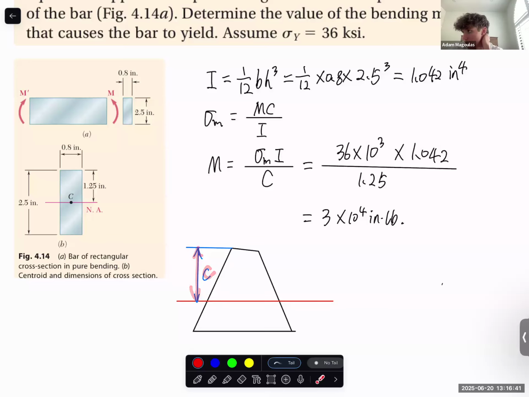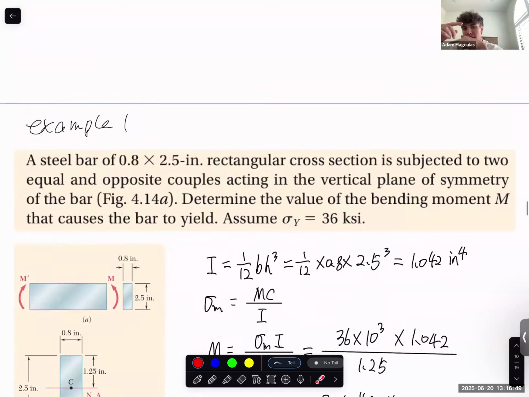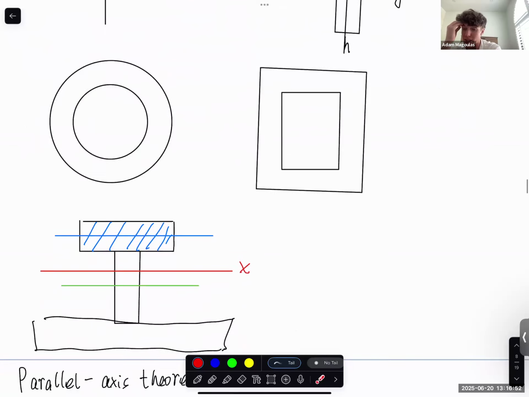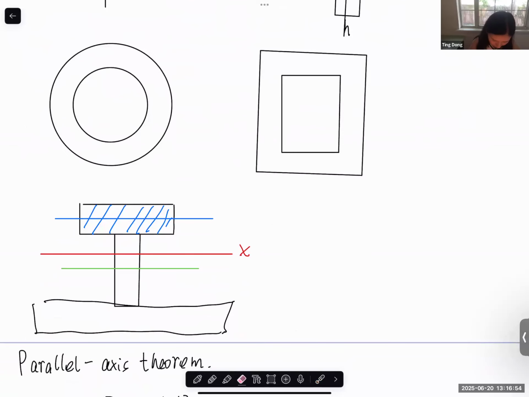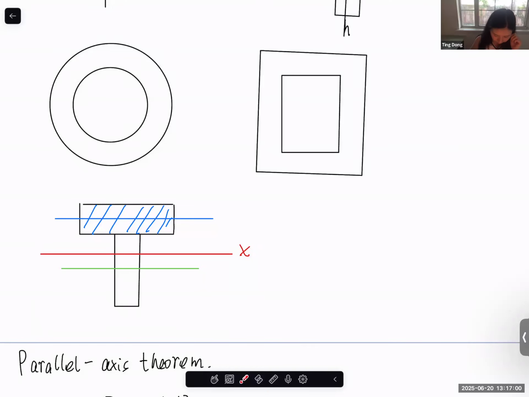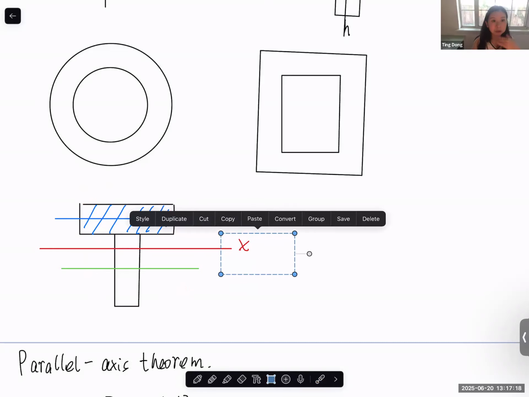What if the centroid is higher up in the structure? Like what if the distance between the centroid and the bottom was higher than the top? You would just find the magnitude. Let's use this one as an example. You have this T-shape cross section, and you expect that of course the neutral surface is closer to the top.